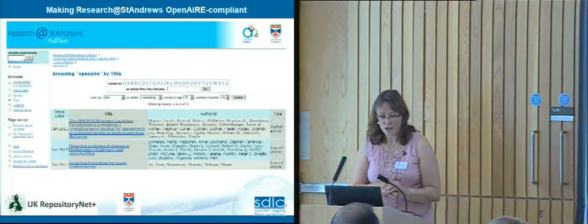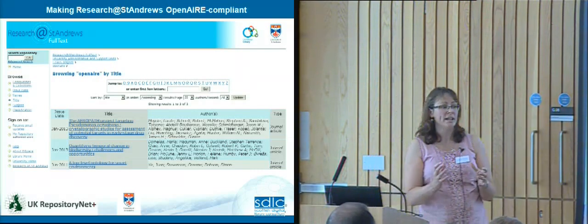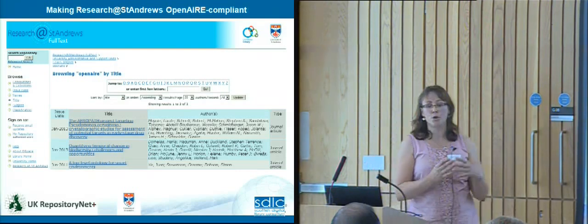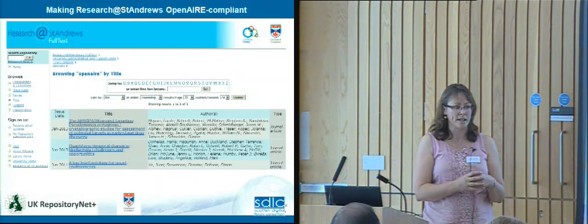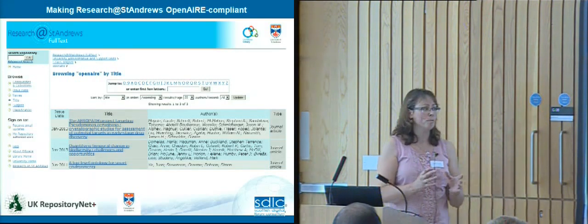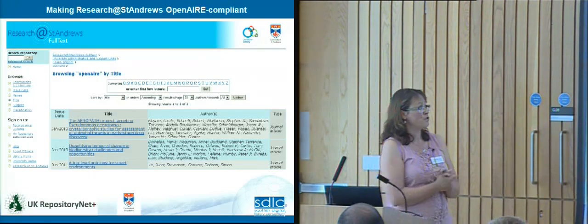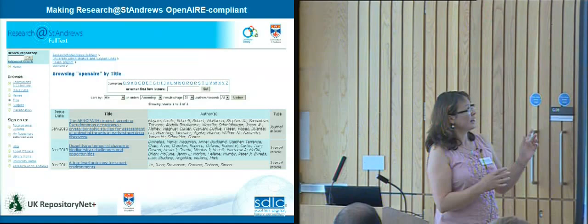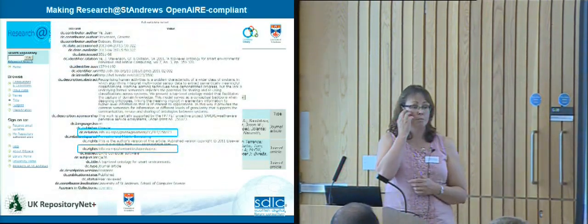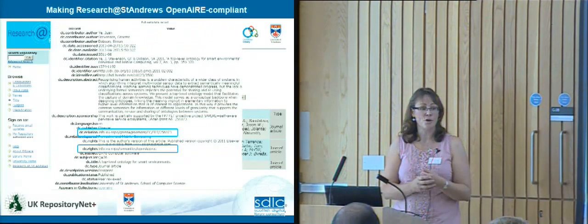For the OpenAIRE implementation, we decided to test this out on our DSpace repository, really because we could get into the system and do things with it. Pure at the moment is very tied up in managing the REF process, so development on that system can't take place right now. So for the OpenAIRE testing strand, we created a collection, and it was very easy to find some EU-funded publications because the CRIS system has all that data in it.